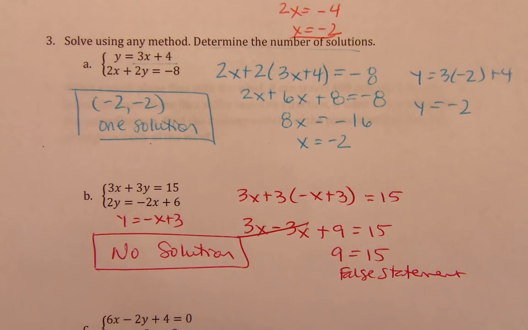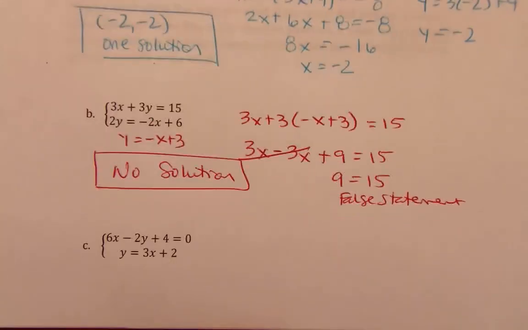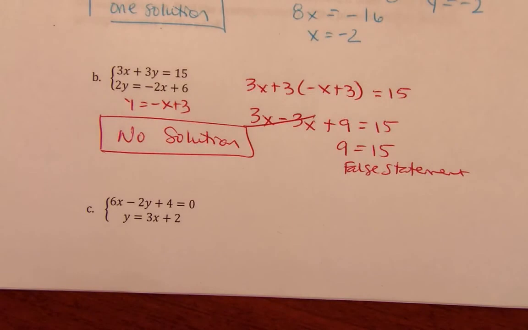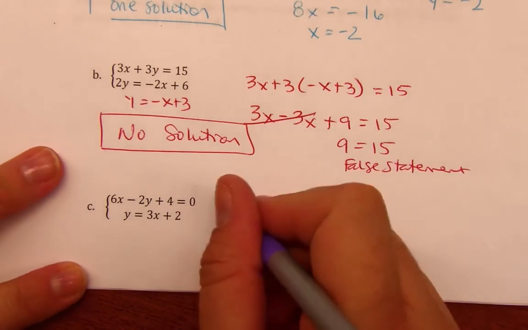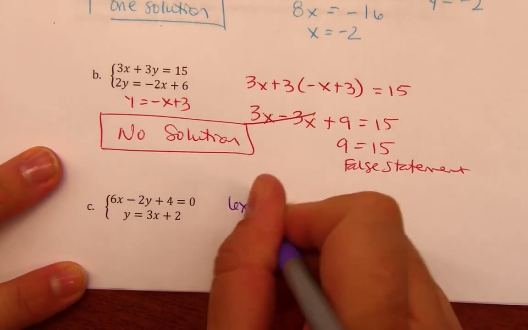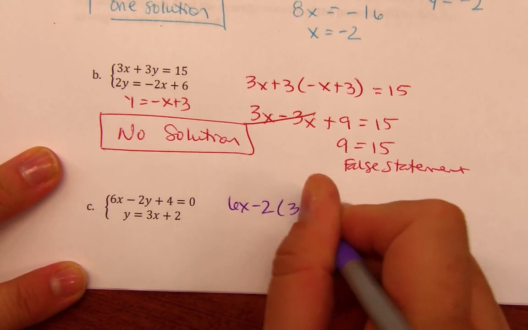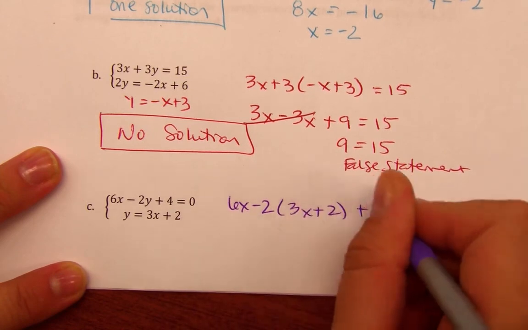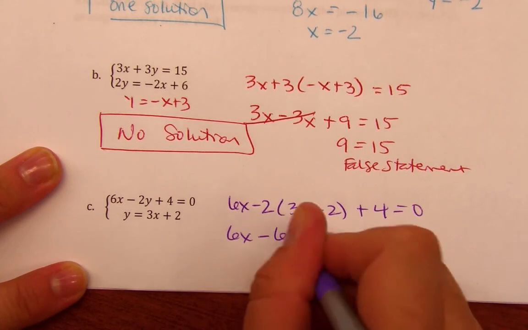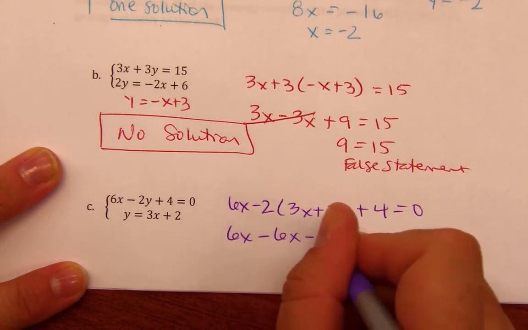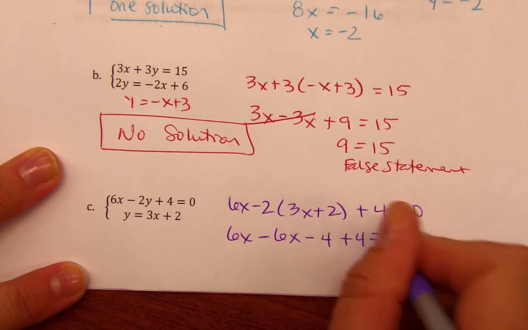And then down to our third example here. We have it set up for substitution. So again, I'm going to use substitution. 6x minus 2 times 3x plus 2 plus 4 equals 0. 6x minus 6x minus 4 plus 4 equals 0.